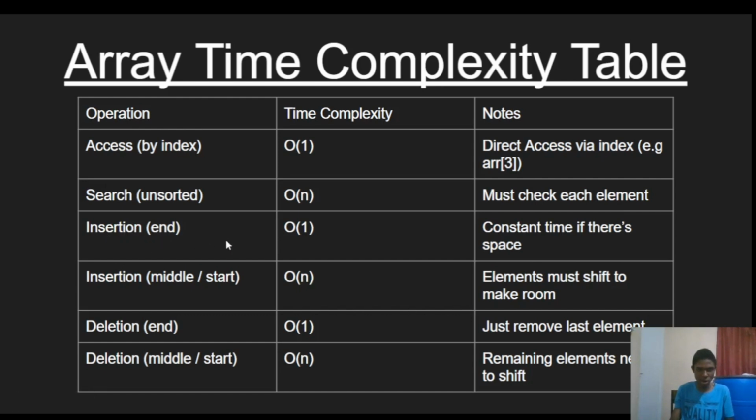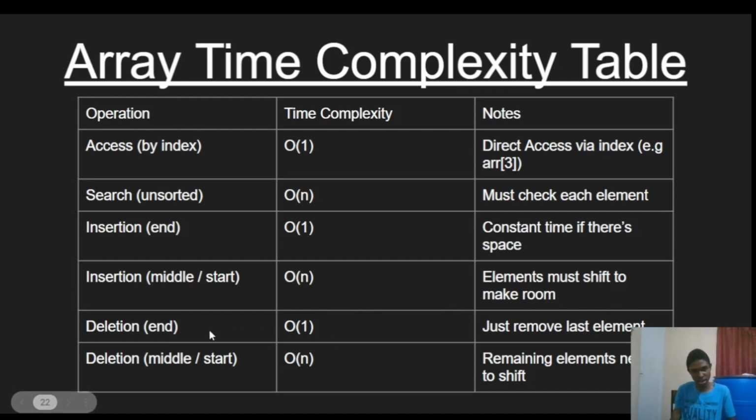Insertion at the end of an array is O of 1 time complexity. And it's also constant time only if there is space, right? Insertion in the middle or start of the array: the time complexity would be O of n, because elements must be shifted in order to make room for the element that we want to add or insert within our array.